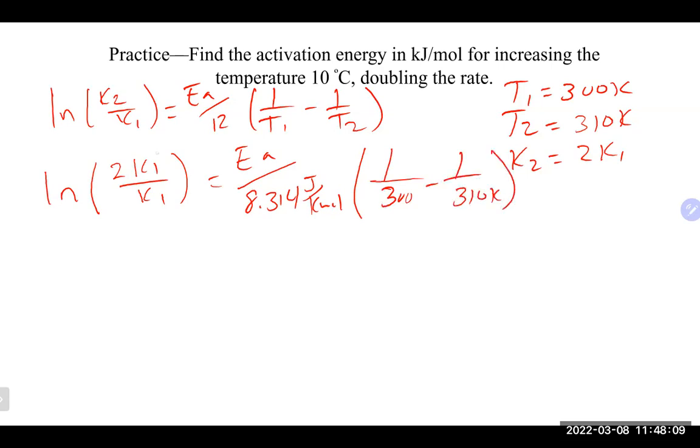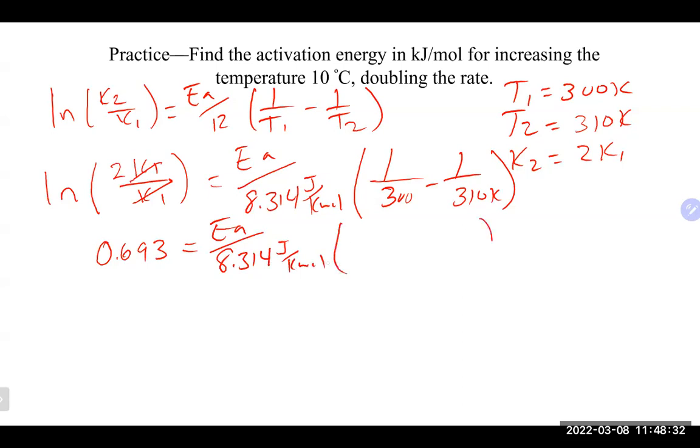We don't really know what K1 is, but since it is the same number on the top and the bottom, it should cancel out, giving us the natural log of 2 on the left-hand side. The natural log of 2 gives us 0.693 equals Ea over 8.314.